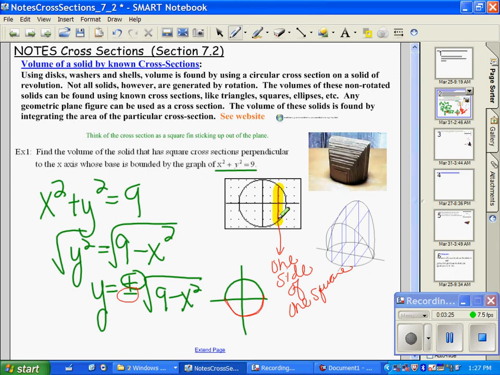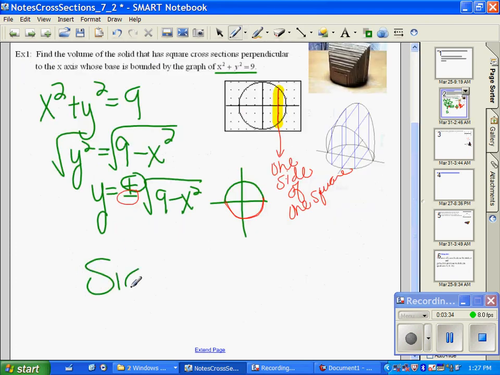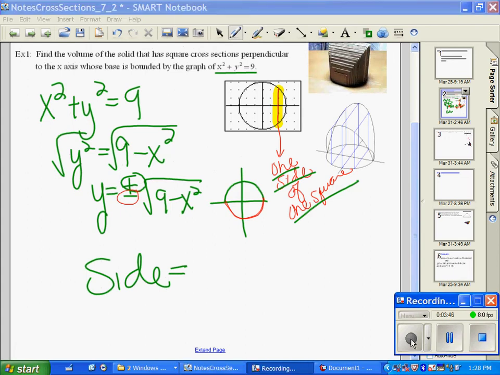A couple of you can probably think that the distance would be double because it's the same. What is the side of this one square shooting up? Think about this like section 7.1: we have an upper minus a lower. I want to find that length.